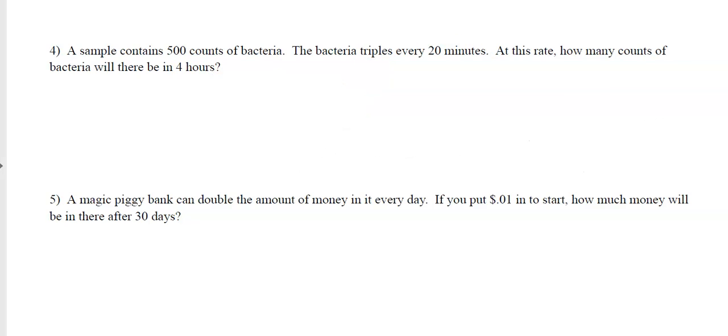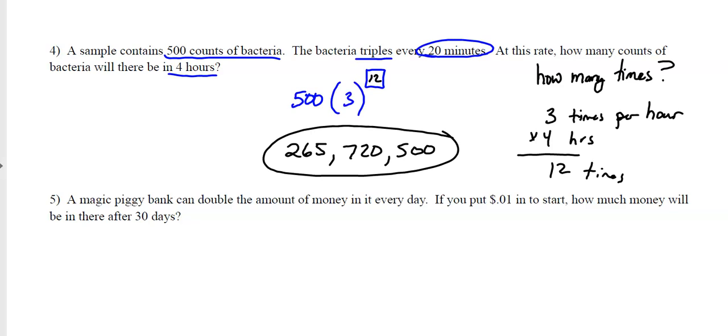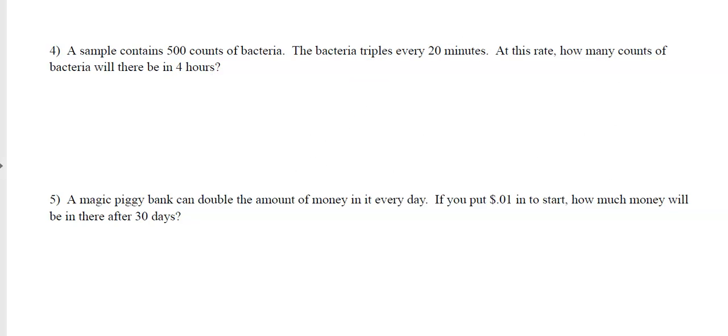All right, moving right down, this magic piggy bank. The magic piggy bank doubles the amount of money every day. If you put a penny in to start, 0.01, and it doubles, so I'm going to use a 2 for my growth factor. How much money will there be in there after 30 days?